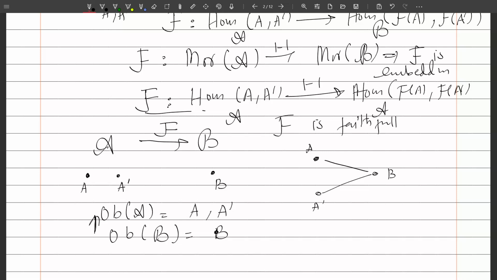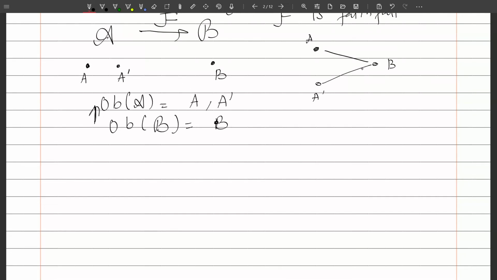Now here there is no morphism between A and A prime. However, we know every object has an identity morphism over it. I mean, we have the identity map over A, a map from A to A. Similarly, a map from A prime to A prime, which we denote by 1 sub A prime.